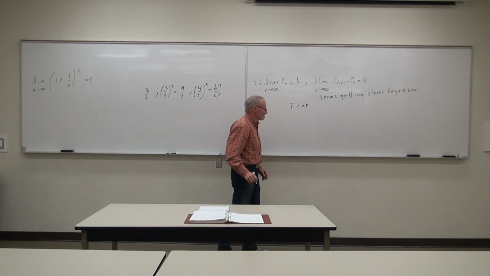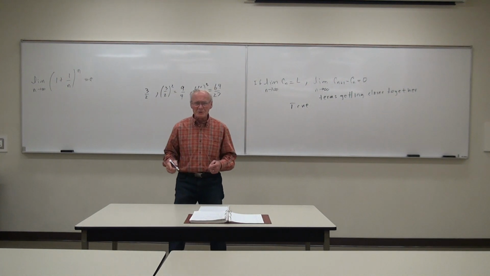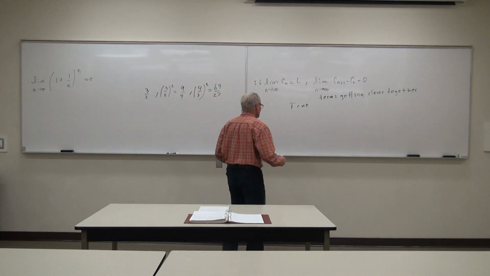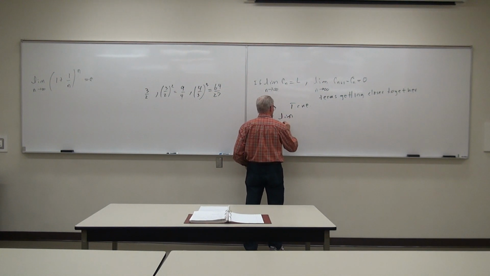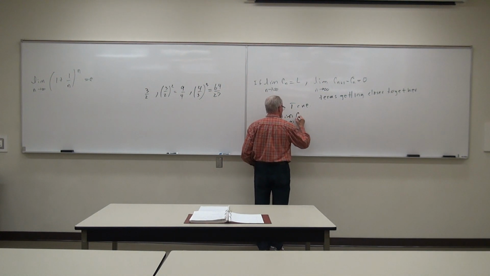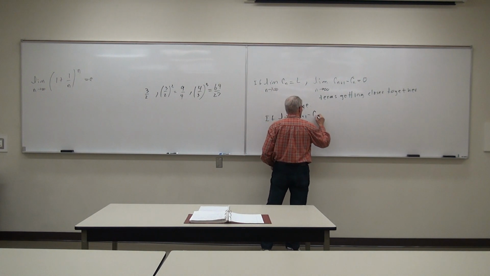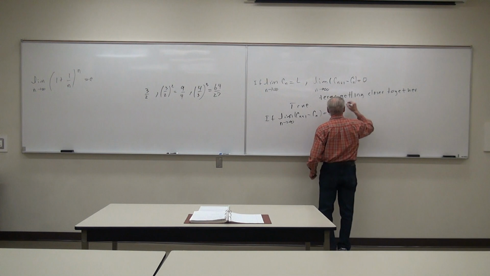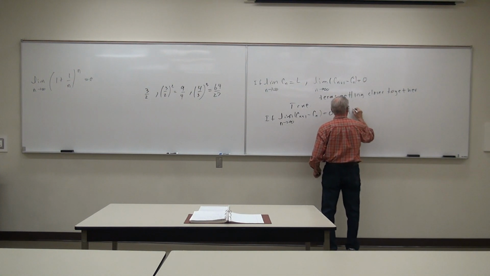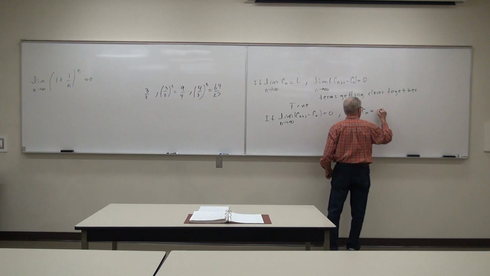Question. Is the converse true? If the limit as n approaches infinity of c sub n plus 1 minus c sub n is equal to 0, is the limit as n approaches infinity of c sub n going to exist?